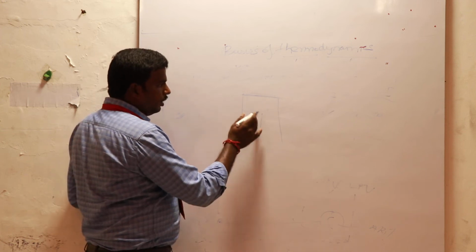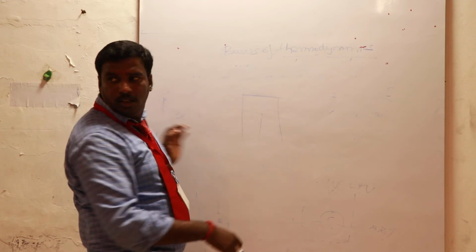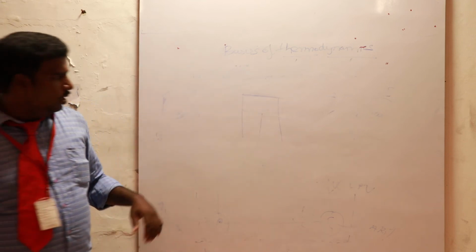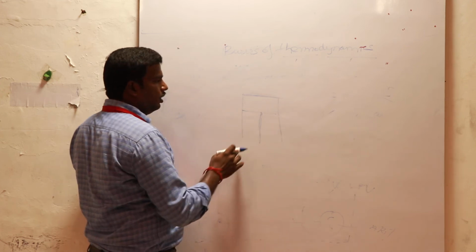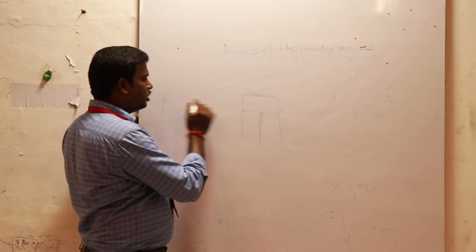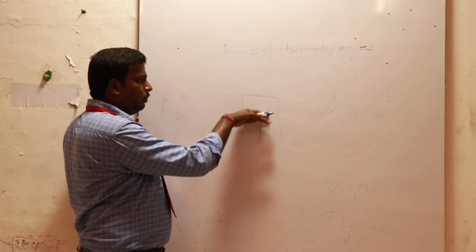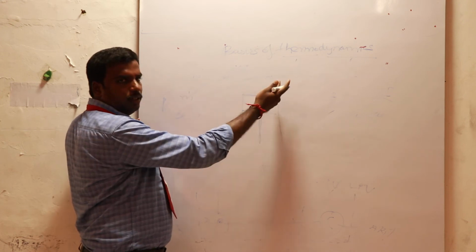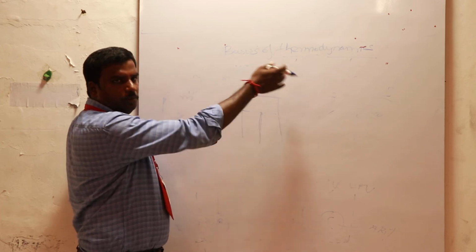Here, if we compress this gas or expand this gas, what is going to happen? There is a gas of mass m. If you compress the gas, there is no mass transfer because this is a fixed vessel.